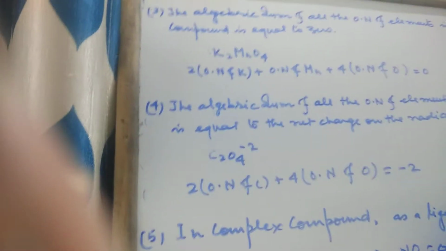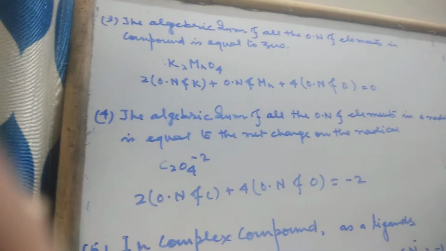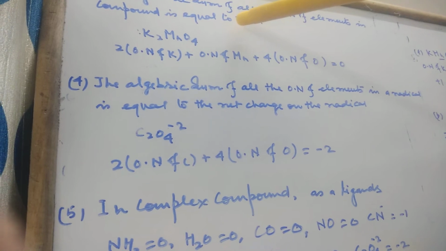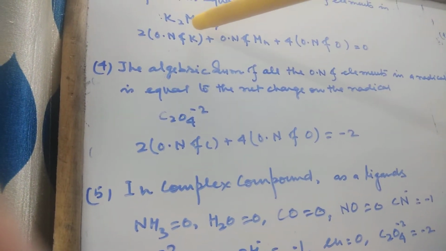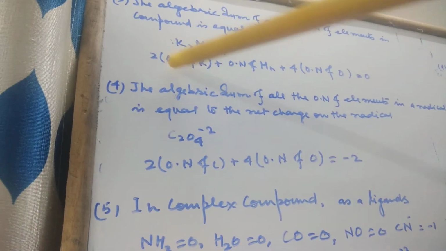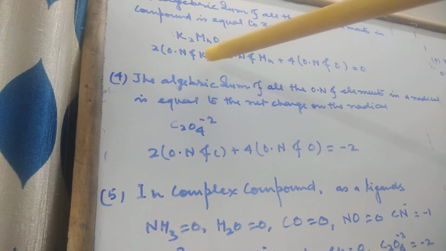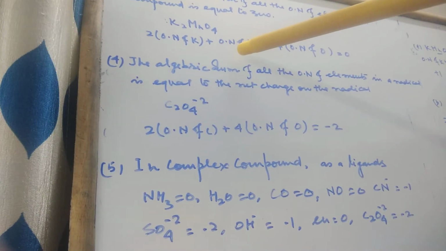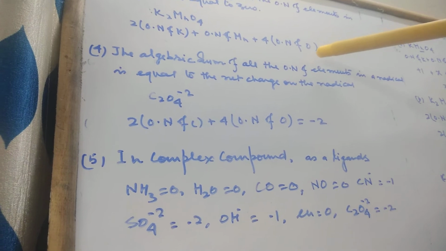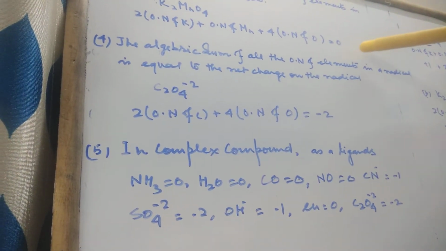Rule number 3: the algebraic sum of all the oxidation numbers of the elements in a compound is equal to 0. For example, in K2MnO4, 2 into oxidation number of potassium plus oxidation number of manganese plus 4 into oxidation number of oxygen equals 0.